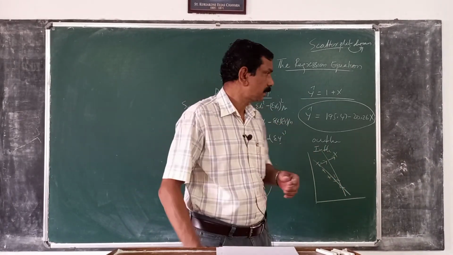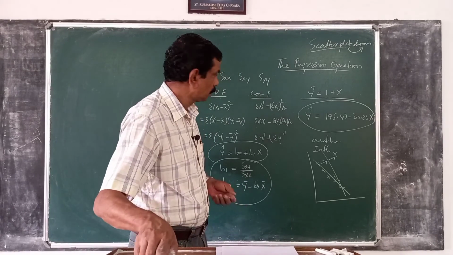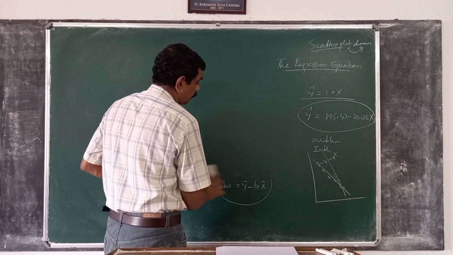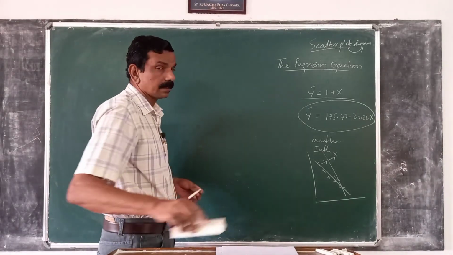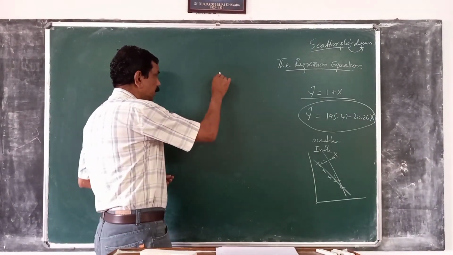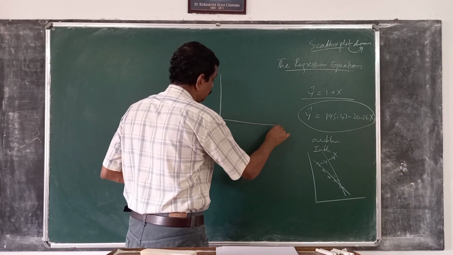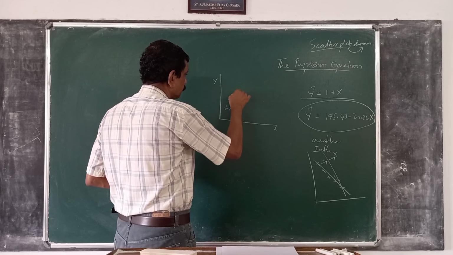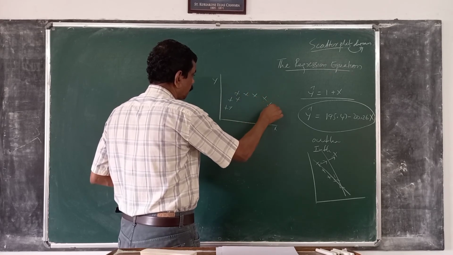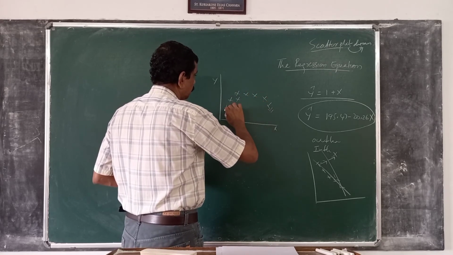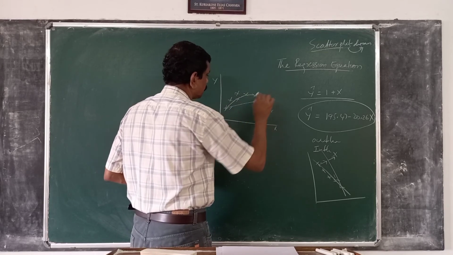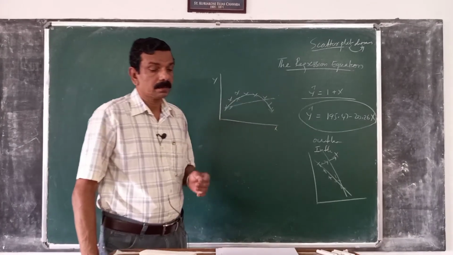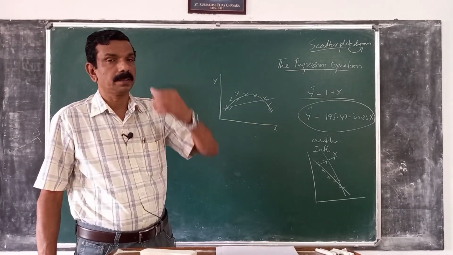Another point is we cannot expect that the world is linear and that the relationships between variables are always linear. Suppose that the pattern is like this, and this is the true pattern. You cannot fit a straight line here. This is an area known as curvilinear or non-linear regression.